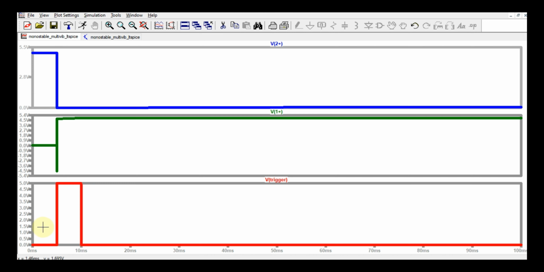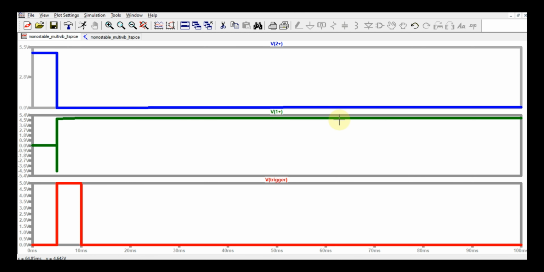As soon as you apply a trigger pulse here, this is the trigger pulse, you can see that before the trigger pulse the output of your monostable multivibrator is 0 volt, right? Once you apply a trigger pulse here for a duration of 5 millisecond, you can see the output of your monostable multivibrator changes its state, and now it is in the high state, and it is having at least one stable state.